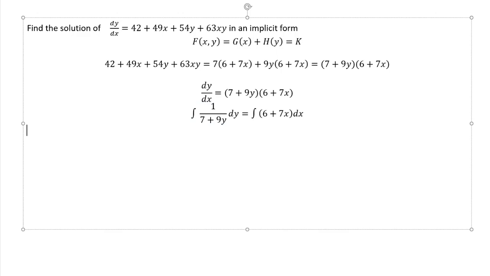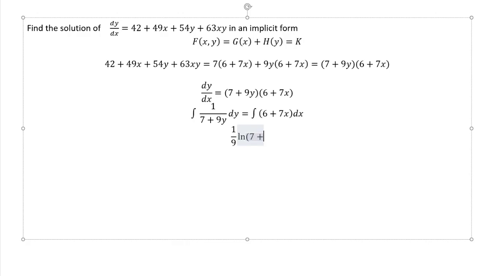And if you do that, then the left side will be 1 over 9 times ln of (7 plus 9y) equal to, and on the right side you have 6 plus 7x. So if you integrate 6, you get 6x.